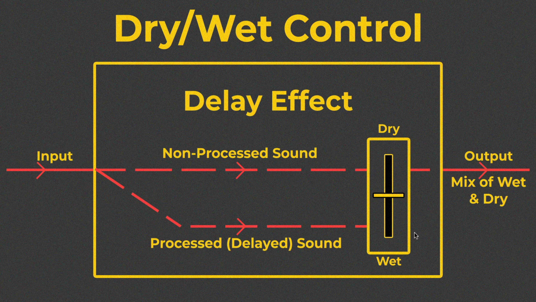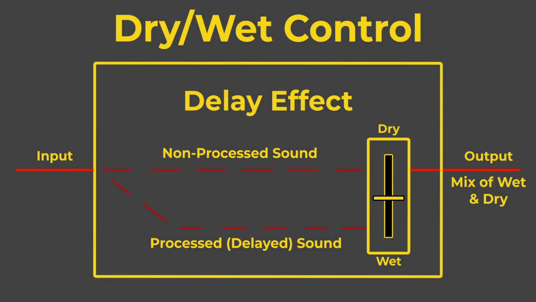And on the other end of the crossfader, we have the wet sound, which is the processed, or in this case, delayed sound. And as you move the crossfader in one or the other direction, it will fade out the signal on the other end. So that when we move all the way to the dry position, the wet sound gets faded out. So we're just left with dry, and then going the other way, it works in the opposite direction. And then in the middle, we can have a blend of both of these signals.